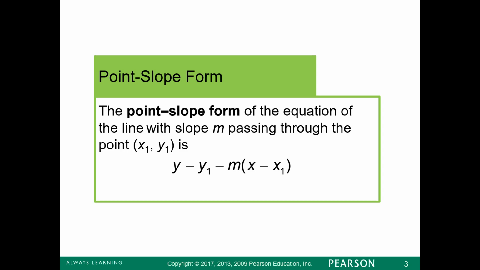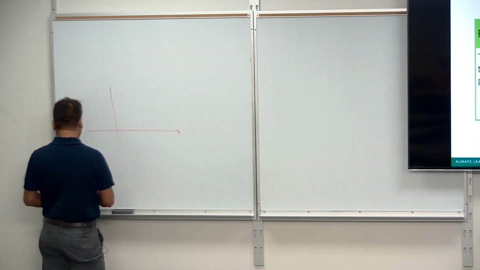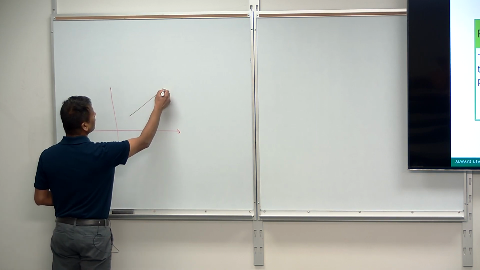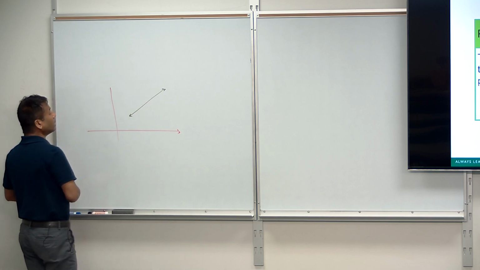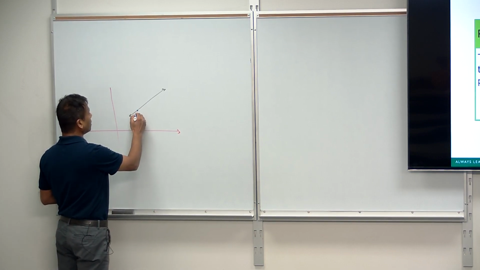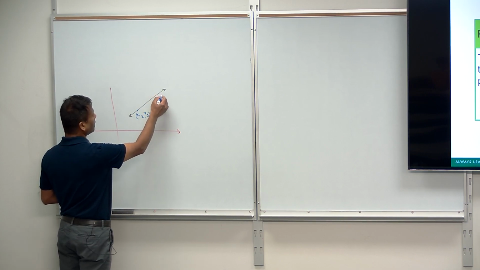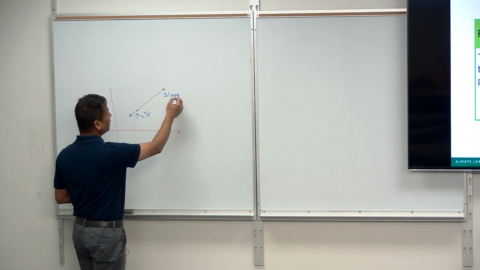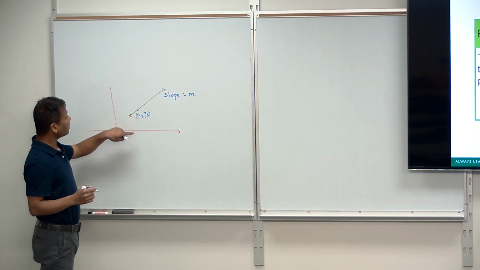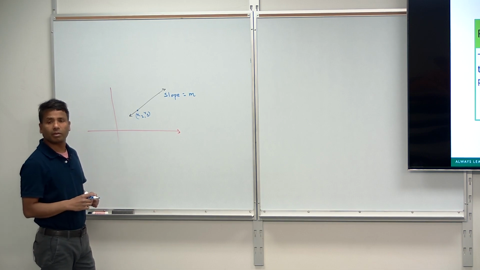So let's say you have this line, and you want to find the equation of this line, and you have a point. Let's say this is the point x1, y1, and the slope of this line is, let's say, m. So you know a point and slope, right?